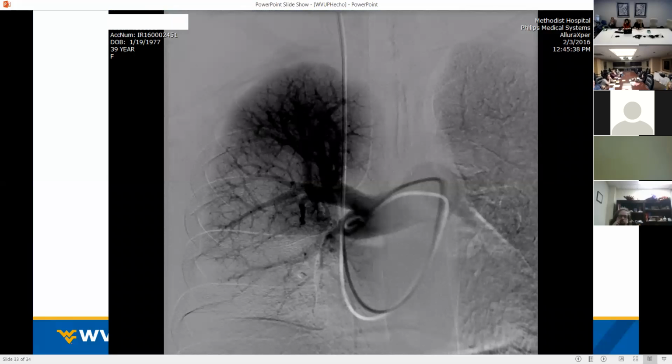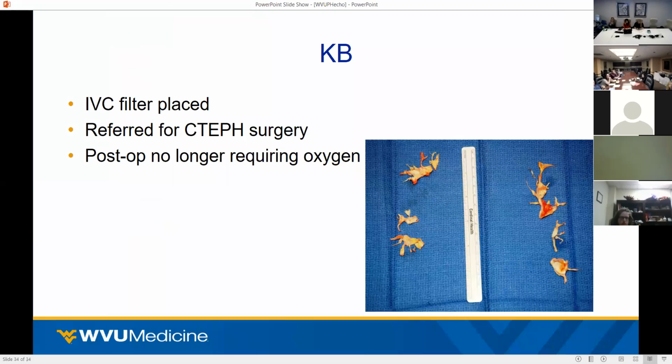So we did a pulmonary angiogram, and you can see the upper right lobe of the right lung is quite perfused, but the lower part's not. So that is consistent with lung clot. Next slide. And that's not acute lung clot, that's chronic remodeling. So it's not like, oh my gosh, blood thinners will fix it. No. So we referred her for surgery.